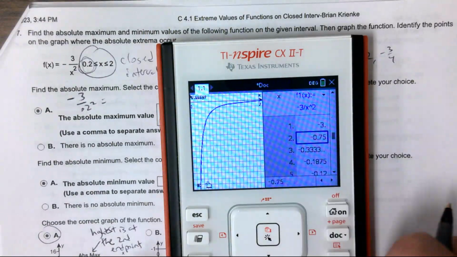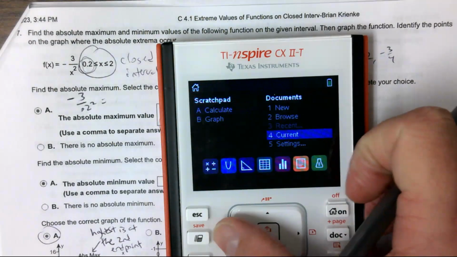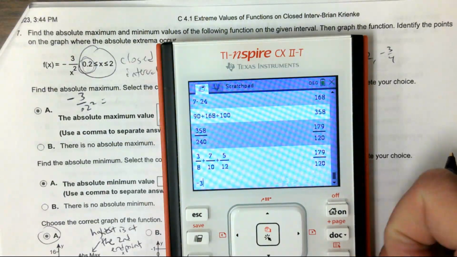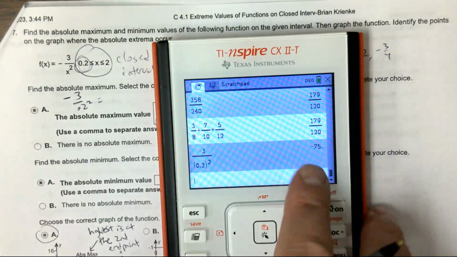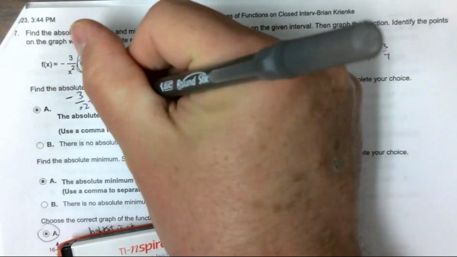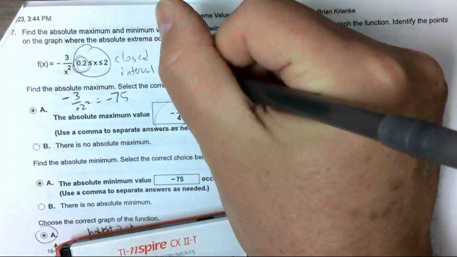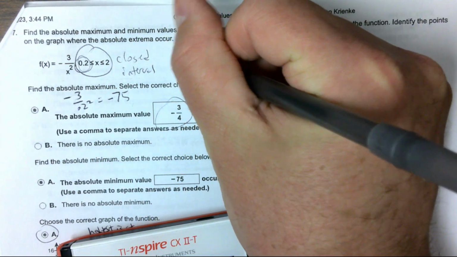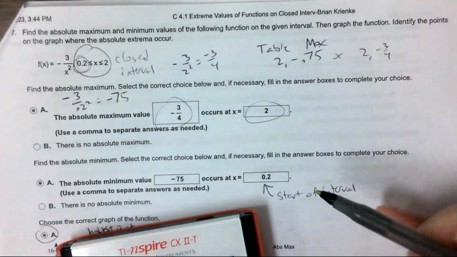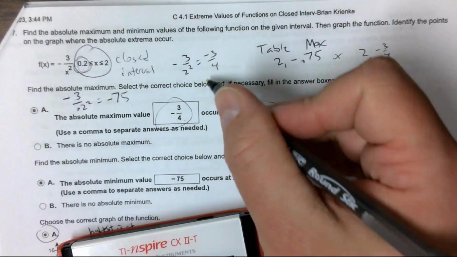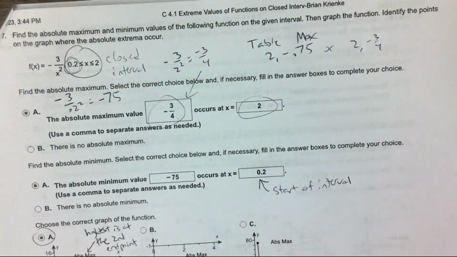And so it's probably easier if you just calculate it. -3 divided by 0.2 squared is -75. And if you wanted to, -3 divided by 2 squared is -3 over 4, which is what we said earlier right there. Okay, so that's how that works.